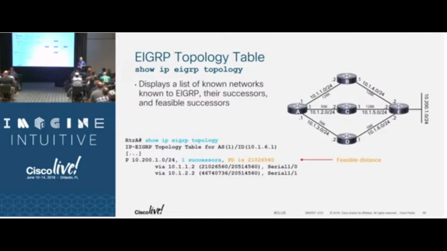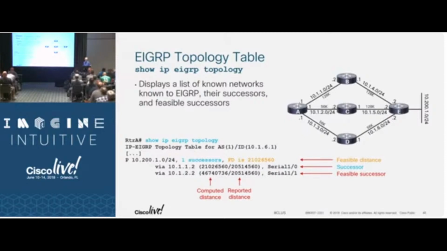And then we have information about the metric through the neighbors. We have the information about successor, feasible successor, if there is any. The number in those brackets after the slash is the reported distance, the neighbor's distance. And before the slash, this is the computed distance. The comparisons for the feasibility condition are always done between the feasible distance here and the number after the slash.